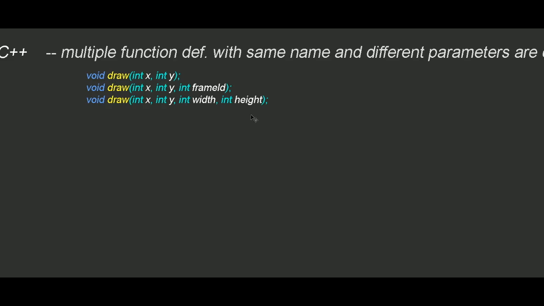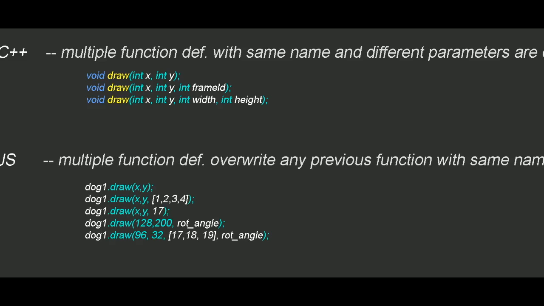It usually works when there are different types of parameters, or a different number of parameters is used in a function with the same name. In C++, this would be totally fine, and each function would have its own body that's completely unique to each one of these functions, even though the name is the same, strictly only because the number of parameters is different. And doing it this way is called overloading a function.